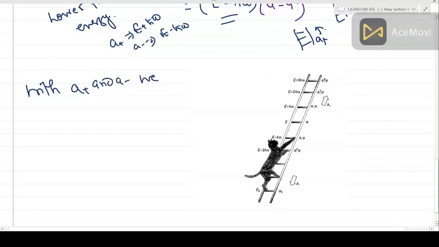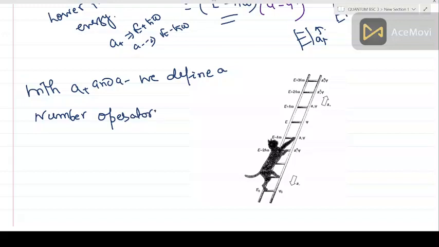With a plus and a minus, we define a number operator, and this is very significant in quantum mechanical problems. Number operator is defined as a plus a minus product, and this is equal to the complex conjugate. This is called number operator.